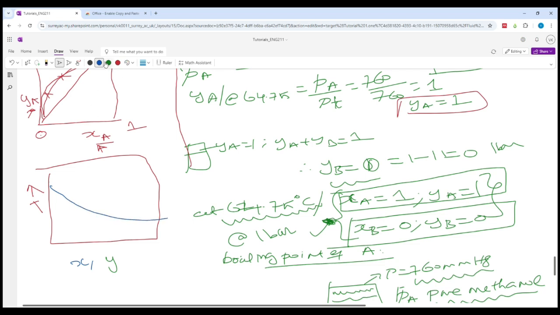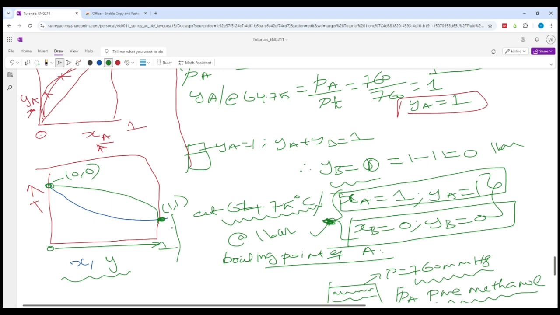Then if you plot temperature versus y, you may get some trend that may look like this. And this point is nothing but 0 comma 0, since this is expressed in mole fraction x comma y, so this value should range from 0 to 1, and this particular point should be equal to 1 comma 1.